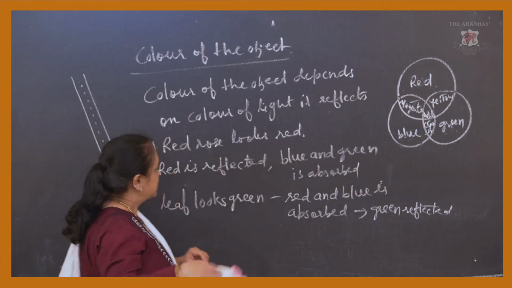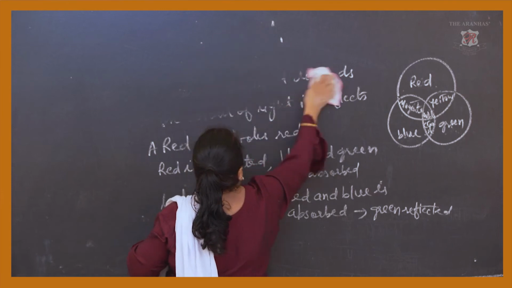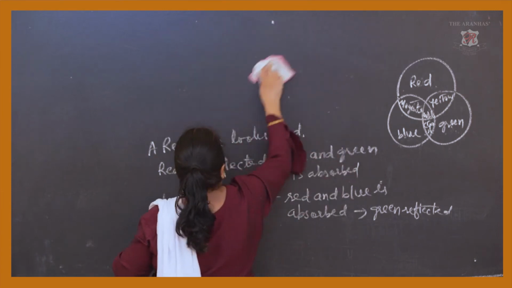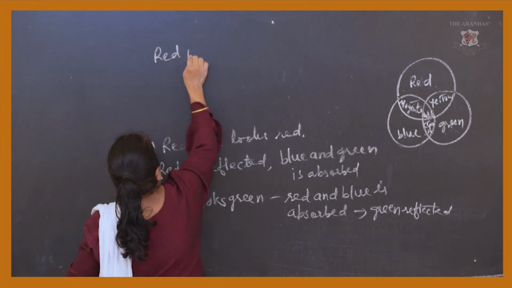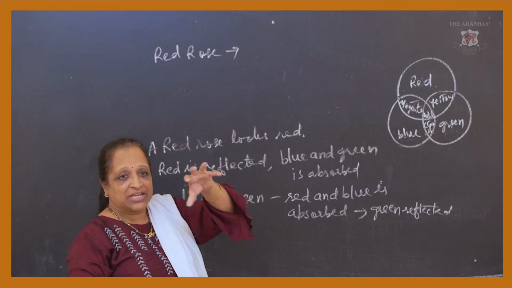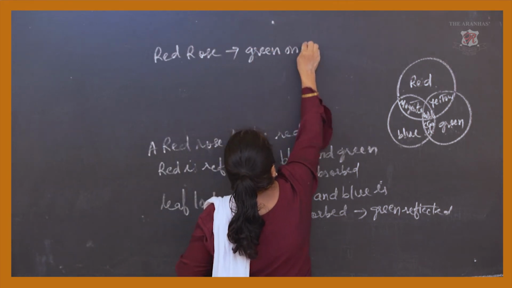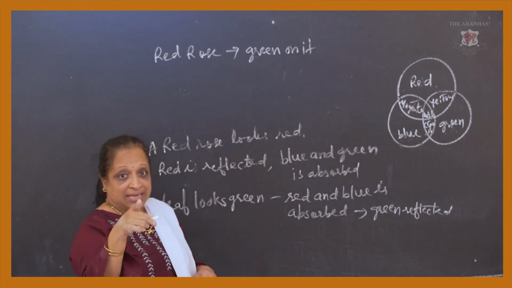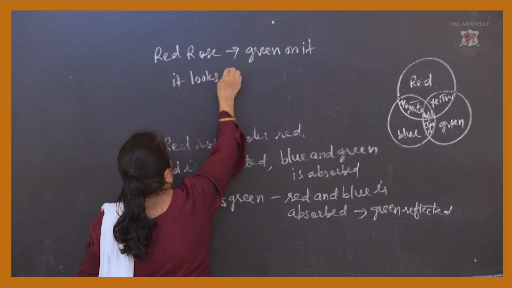But now, if that red rose is placed in such a manner that we are flashing green color on it, in that case it looks black.